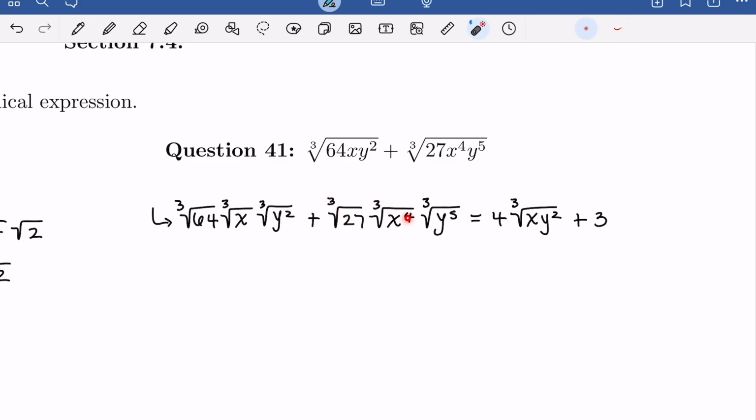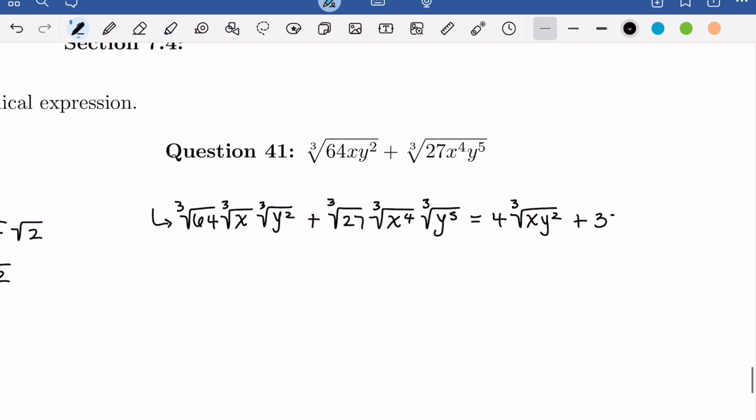And we also have the third root of x raised to the fourth power. Well, actually, we could break this guy up into two factors. This is the same thing as x cubed times x. So we can break those guys up into the product of two radicals here. And then same thing for this third guy here. We have the third root of y raised to the fifth power.